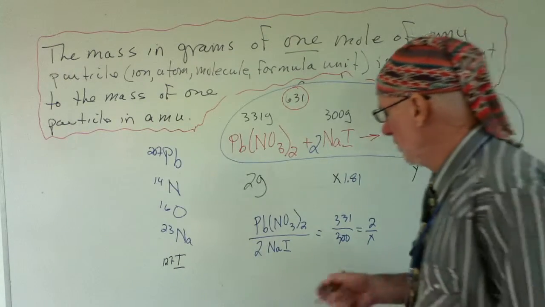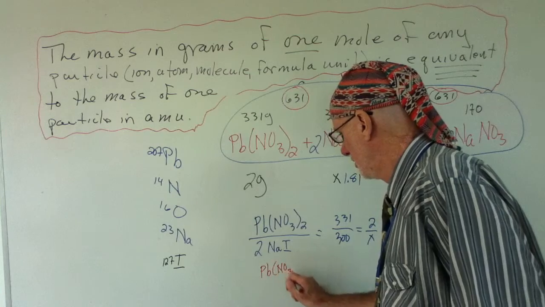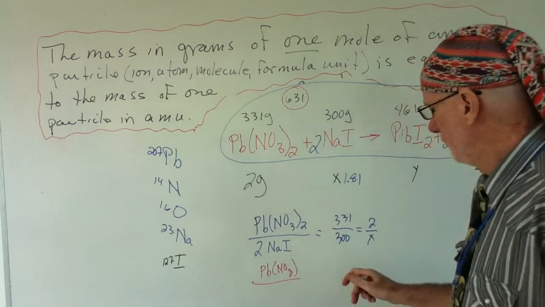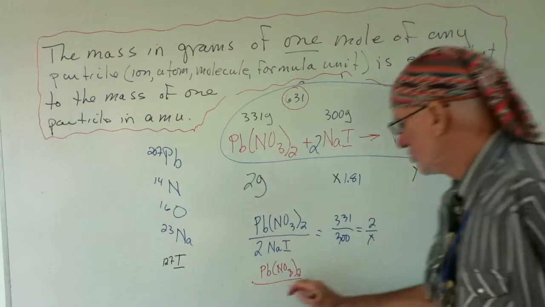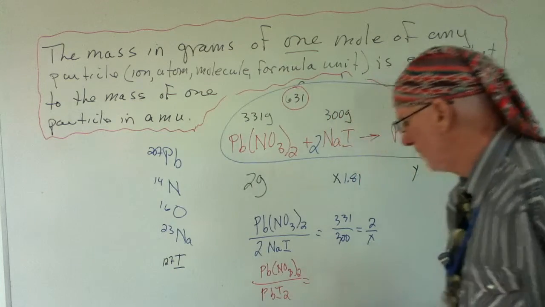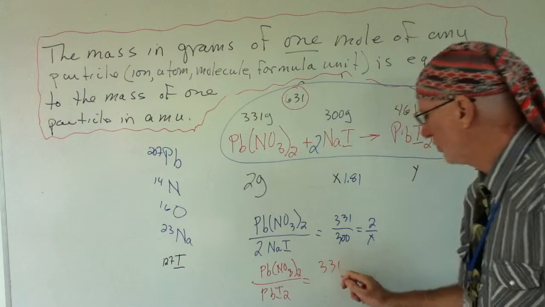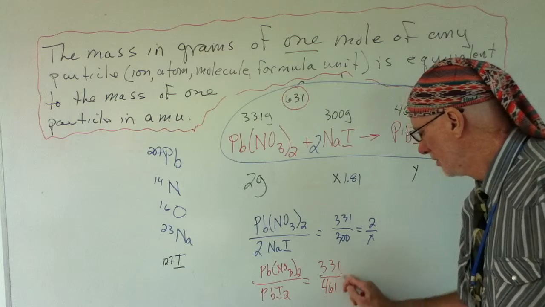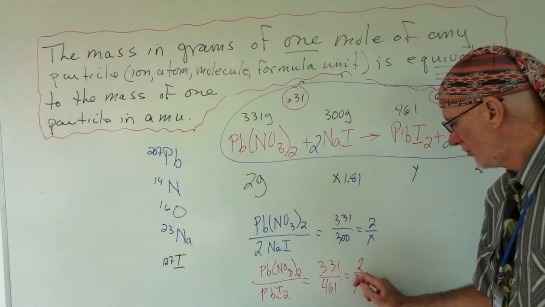So that's correct, right? Now, let's put down the next ratio. Lead 2 nitrate over lead iodide, and you forgot the little 2 there. Thank you, nice assist. So lead 2 nitrate over lead iodide equals 331 over 461, equals 2 over y.